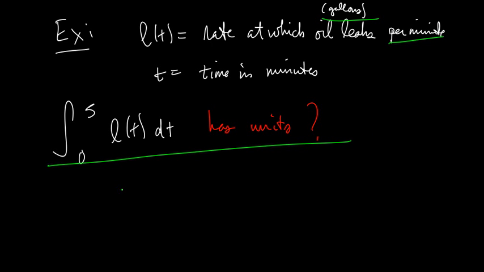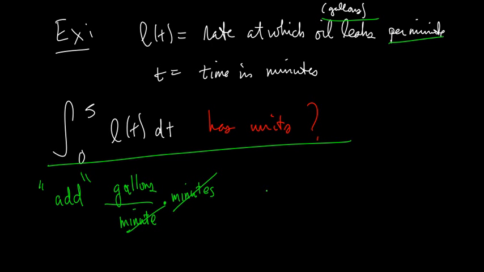Well, the rate at which oil leaks, the units of that are gallons per minute. Okay? And dt has units of time, which in this case are minutes. So minutes cancel, and you're left with gallons. The integral tells you to add up a bunch of gallons. So the units at the end of the day are gallons.